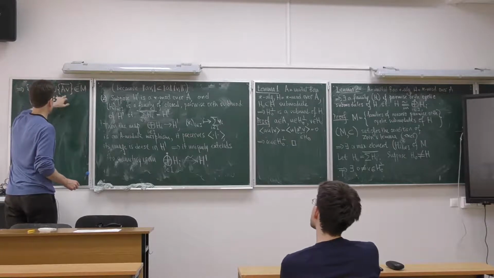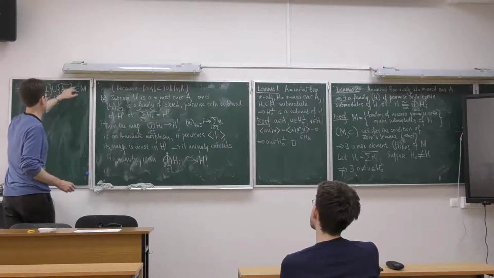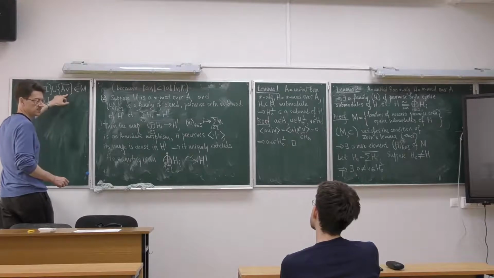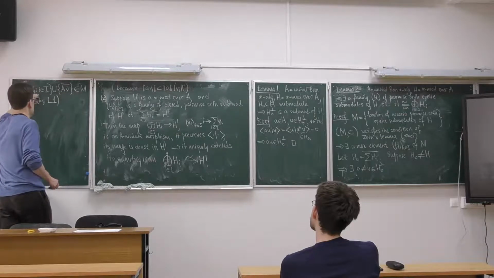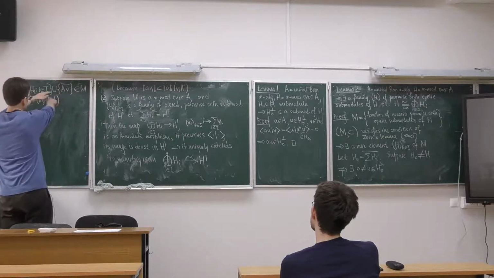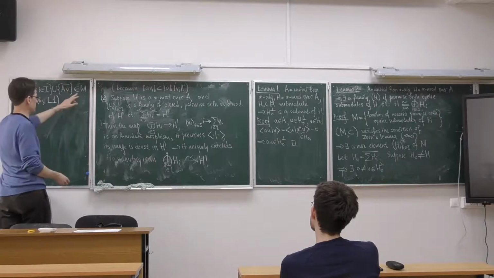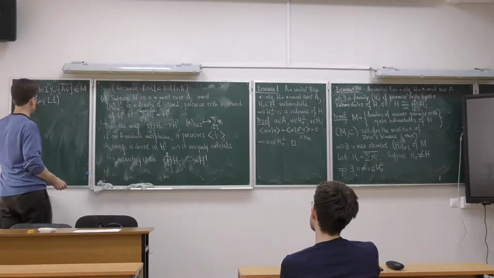So, since the orthogonal complement of H_0 is a submodule, we see that this cyclic submodule is contained in the orthogonal complement to H_0 as well. And so it is orthogonal to each H_i. So this new bigger family is also an element of M, which is strictly bigger than H_i.